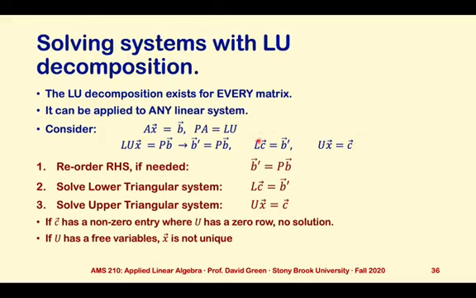And so now that we've found what C must be to satisfy LC equals B prime, we now can solve for the X that would satisfy UX equals C. Again, note C will always be unique because of the non-singularity of L. We now have an upper triangular system, UX equals C. We know C. We know U. We can solve this with back substitution.